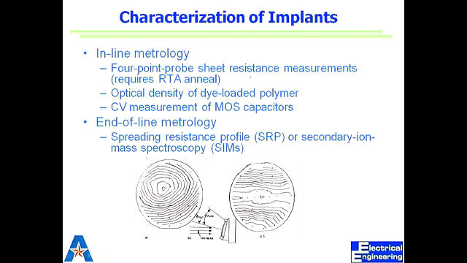End of line process is called spreading resistance profile or secondary ion mass spectroscopy. So we bombard ions and we see how many come out of the substrate. We measure that, and that tells us what the profile of implantation is, right?